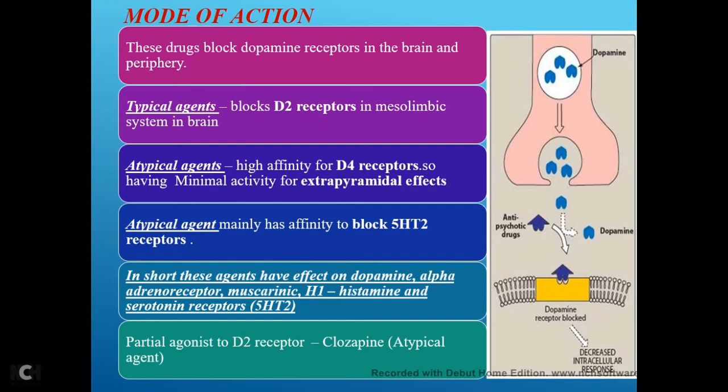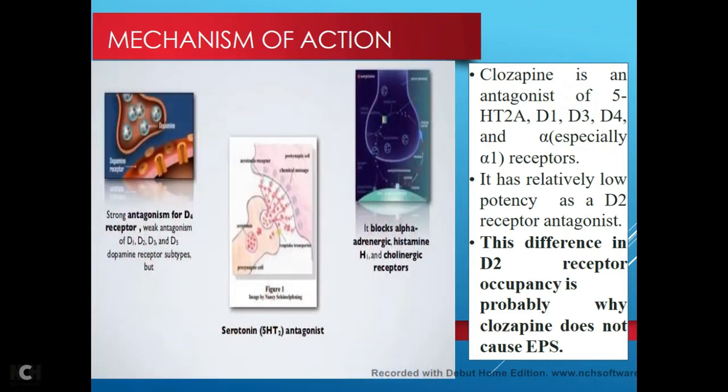In short, these agents have effects on dopamine, alpha, muscarinic, H1 histamine, and serotonin receptors. Clozapine, an atypical agent, acts as a partial agonist at the D2 receptor. Clozapine is an antagonist of serotonin, D1, D3, and D4 and alpha receptors. It has relatively low potency as a D2 receptor antagonist. This difference in D2 receptor occupancy is probably why clozapine does not cause extrapyramidal symptoms.